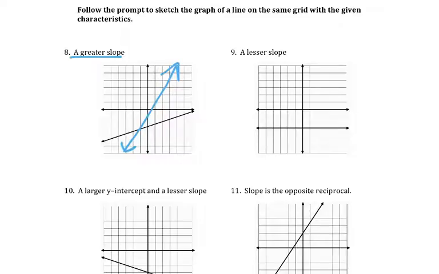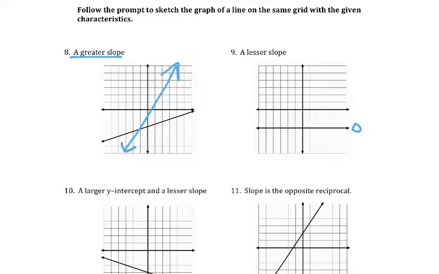Now 9, a lesser slope, it's basically flat. I don't know if you can really have a lesser slope because that's a slope of 0. A lesser slope would be more horizontal than that, which I don't see happening here.